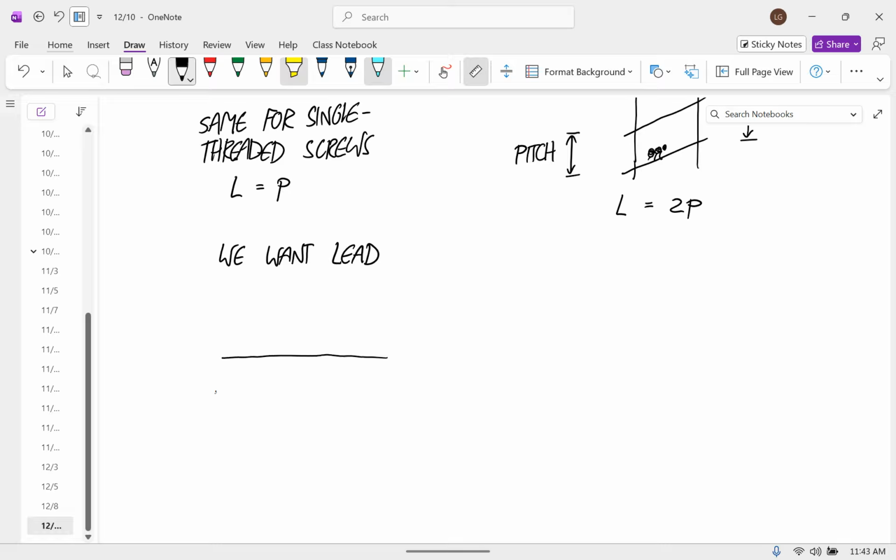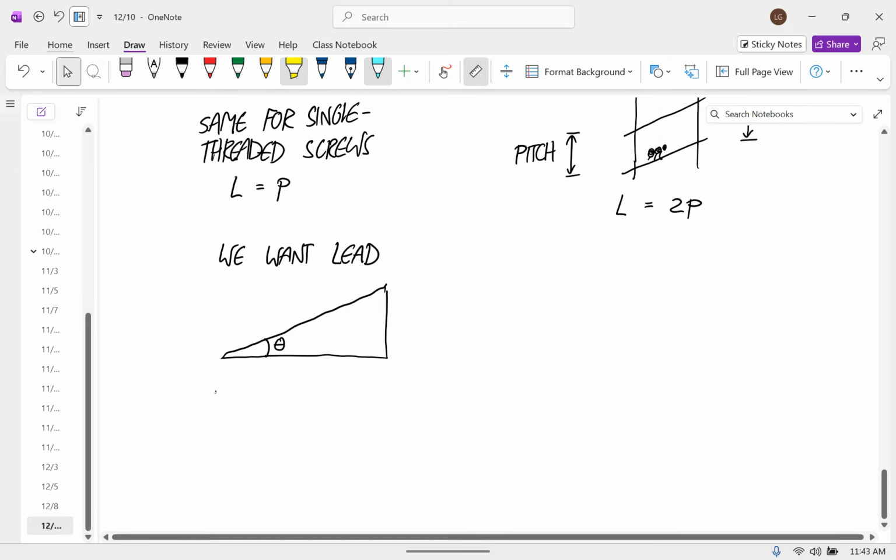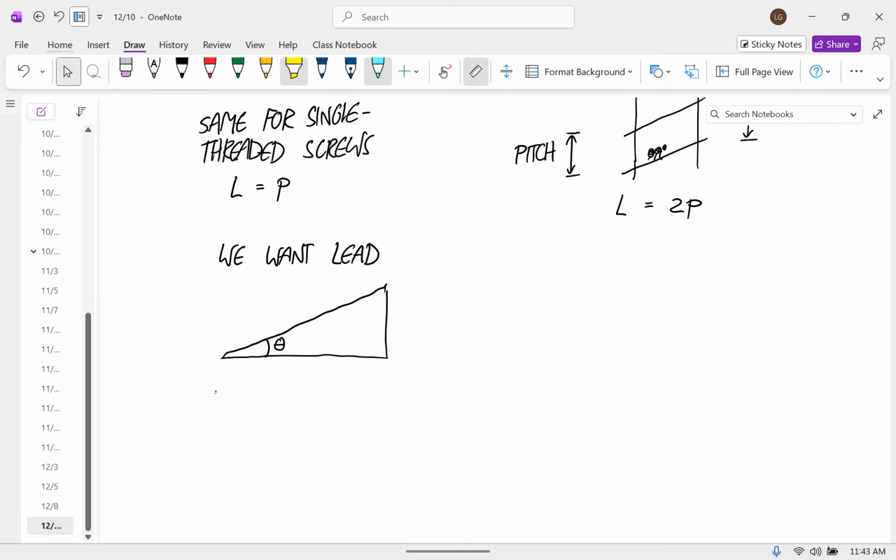We're used to dealing with these boxes on inclines in terms of an angle, like this. In order to relate that angle to the lead for this screw, we're going to have to picture taking that thread and straightening it out, okay? And the lead is going to be this height.